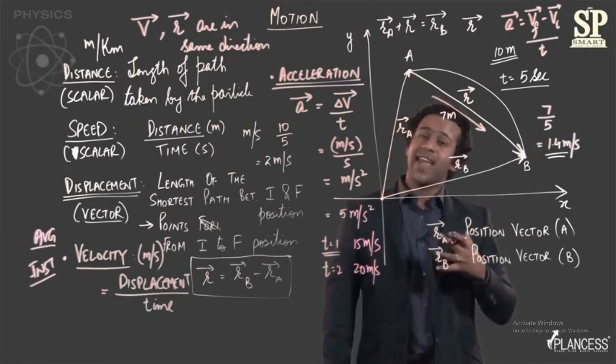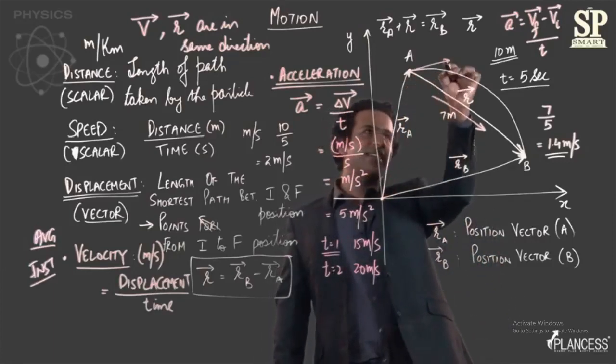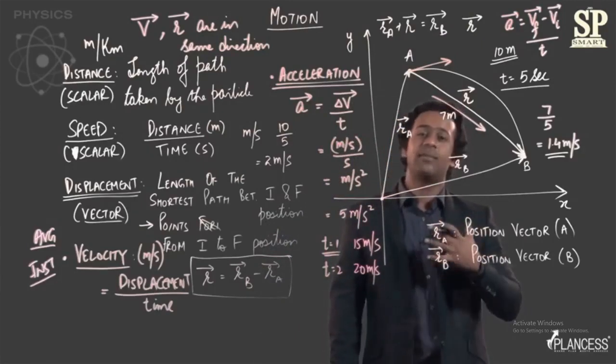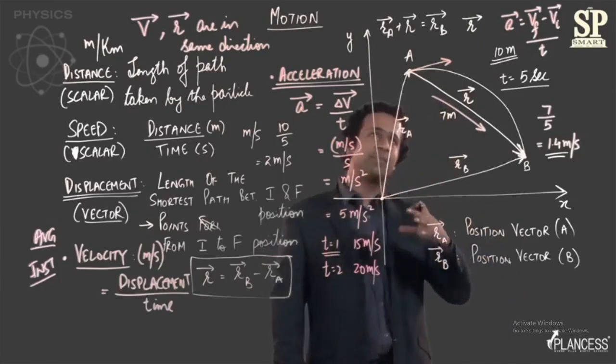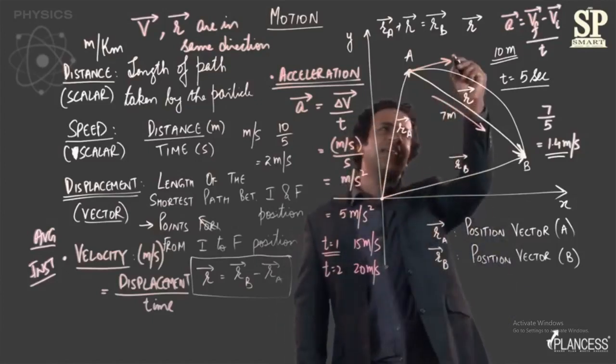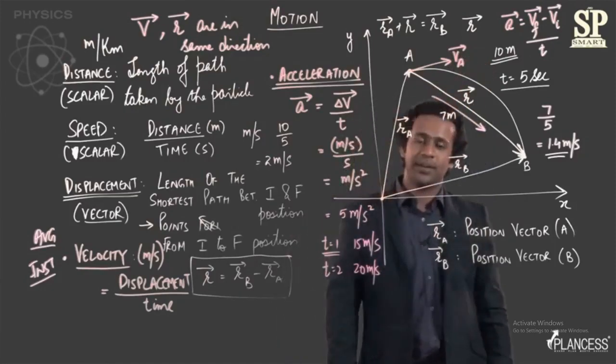Now, an estimate of this can be taken by drawing a tangent to these points. So once again, we will discuss why I'm drawing a tangent. But I'm sure you can see it intuitively that at point A, the particle is moving in the direction that I've shown, right?